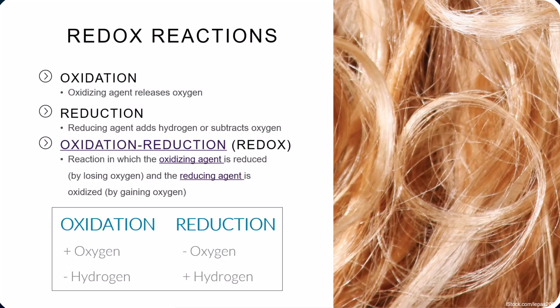Oxidation is a chemical reaction that combines a substance with oxygen and produces an oxide. In an oxidation reaction, there is an oxidizing agent, which is a substance that releases the oxygen. A reduction reaction refers to either the loss of oxygen or the addition of hydrogen.